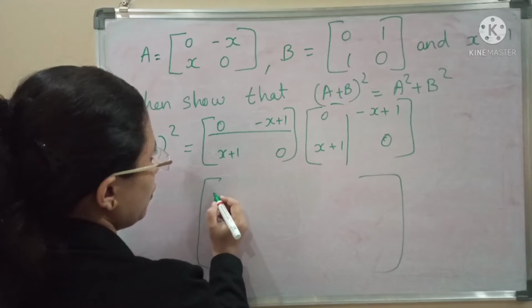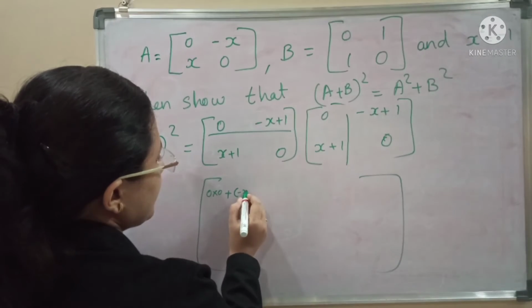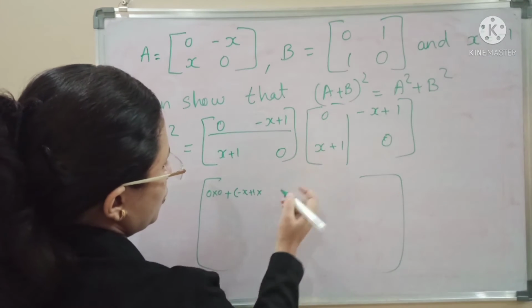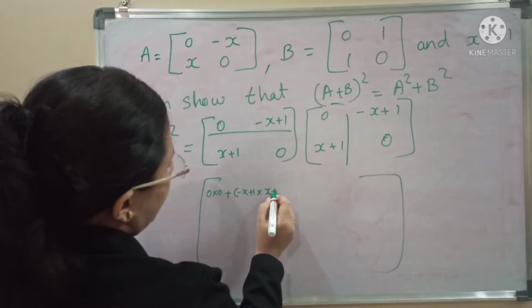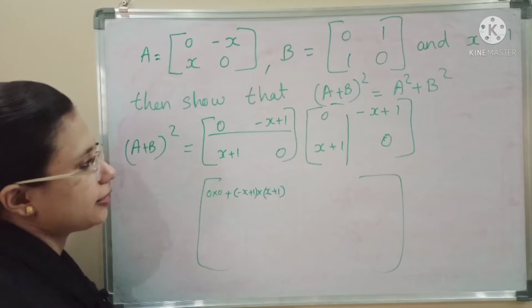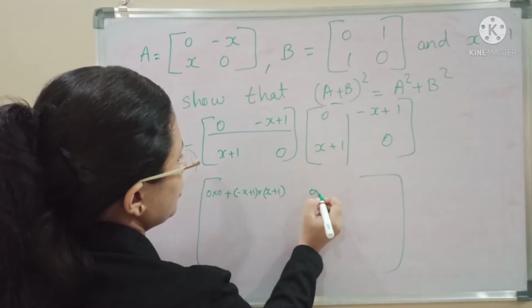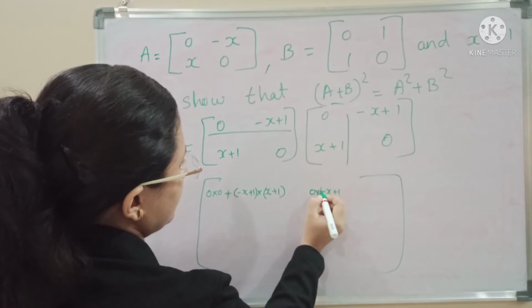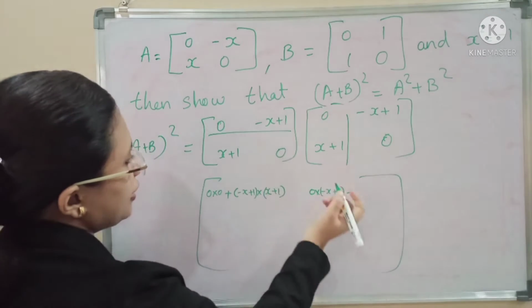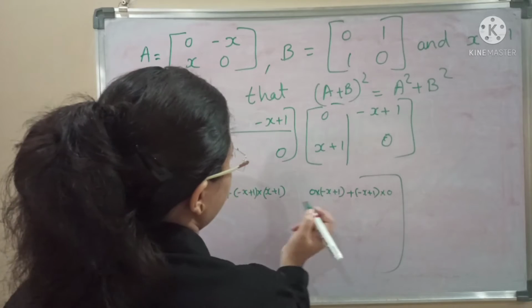Okay, so 0 into 0 plus minus x plus 1 into x plus 1. Okay, then first row, second column, 0 into minus x plus 1 plus minus x plus 1 into 0.